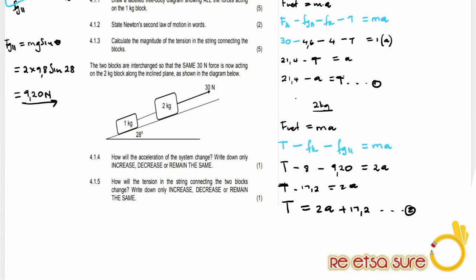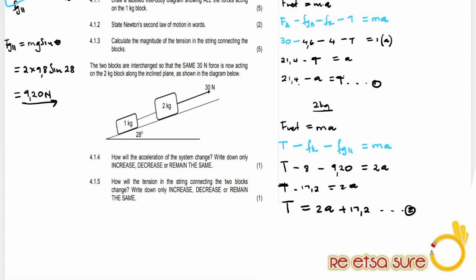So meaning, my beautiful learners, T is equal to 21,4 minus a. And even here, T is equal to 2a plus 17,2. That simply means 2a plus 17,2 is equal to 21,4 minus a. Why am I saying that? Because both equations are equal.